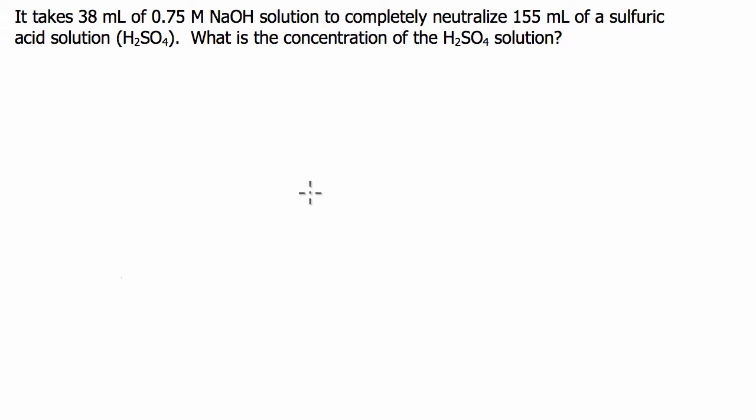Okay, so whenever we're doing these sort of questions, we should start off with a balanced equation of what is going on when we mix sodium hydroxide with sulfuric acid.